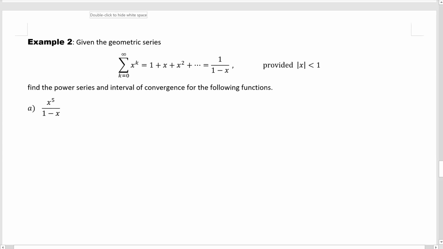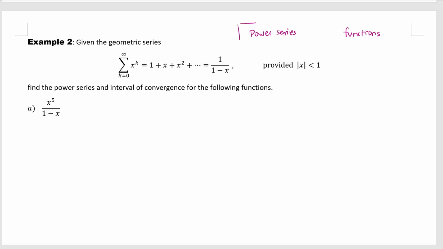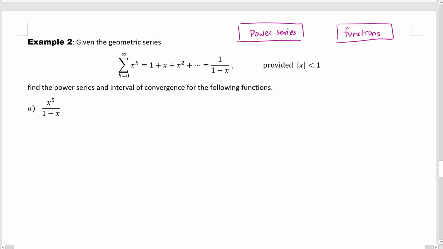Okay, so remember two important concepts in this chapter. We have power series and we have functions. Given a power series, how do you find the function that it represents? Or given a function, how do you find the power series?